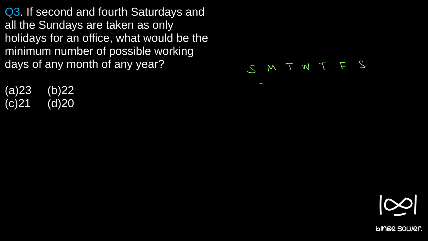When the days are split like this, and if the days start with Sunday, we will get 1, 2, 3, 4, 5, 6, 7, similarly 8, 14, 15, 21, 22, 28. So as you can see, when there are only 28 days, every weekday will occur 4 times. So the answer will be simple.